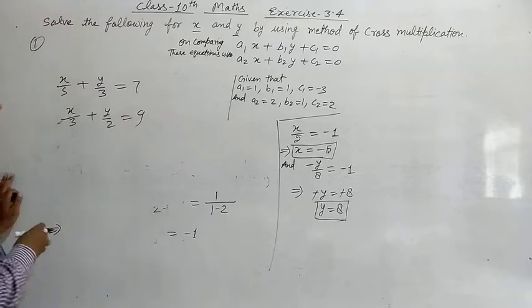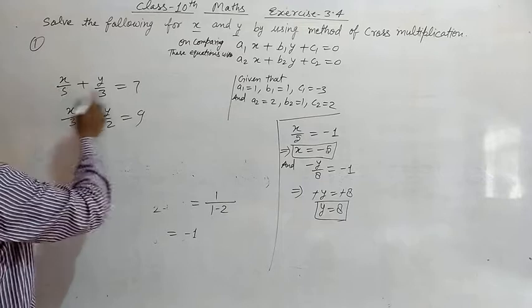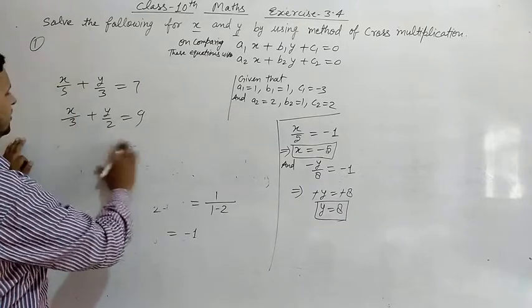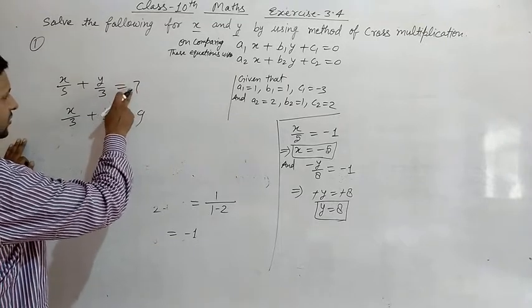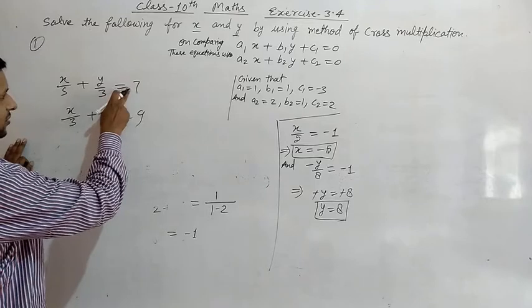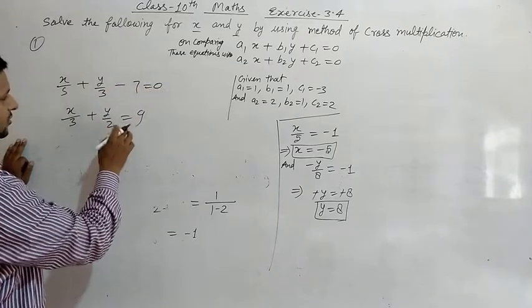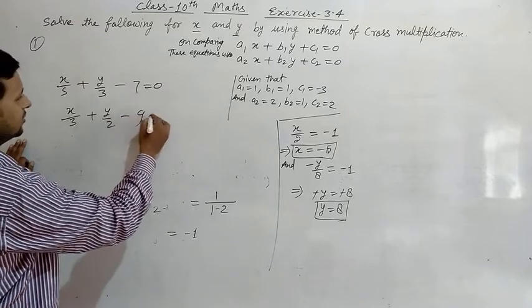In this way, we have to find coefficients. First of all we have to change the sign of the constant, meaning it is plus, it will come here as minus. Minus 7 is equal to 0, and doing it directly you can solve it. It is plus, here it will become minus, is equal to 0.